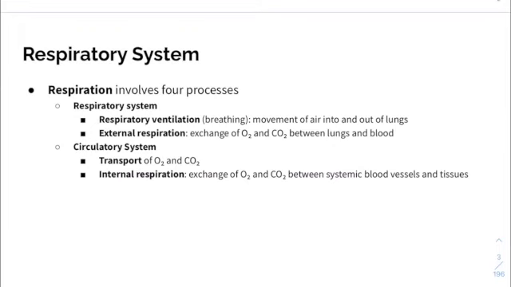We are exchanging oxygen and carbon dioxide with tissues within the blood. That's happening all throughout the body. So we have both internal and external respiration.